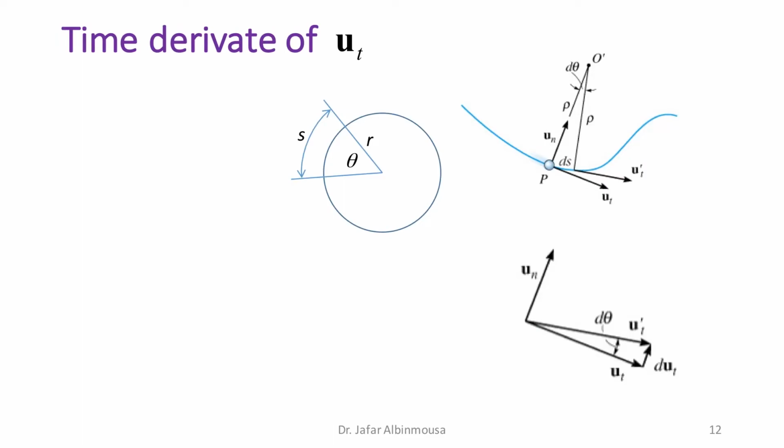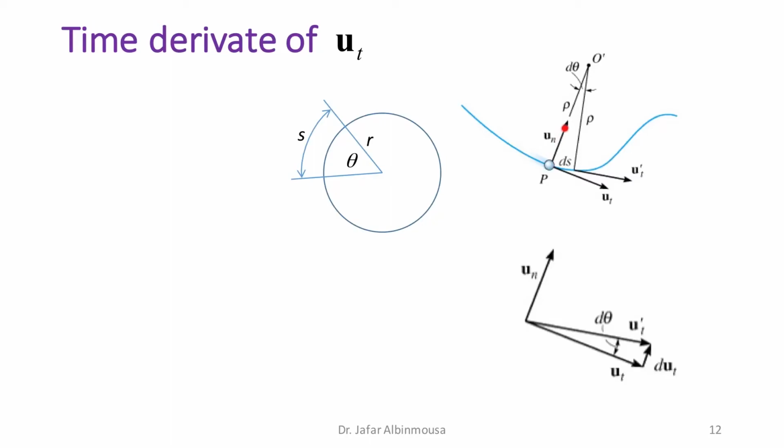Now, to derive the unit vector ut with respect to time, let's consider the situation on this graph. So the particle P was at this position. At this position, we have a tangential axis, and since the motion is in this direction, where s is increasing, we have this ut, a unit vector.